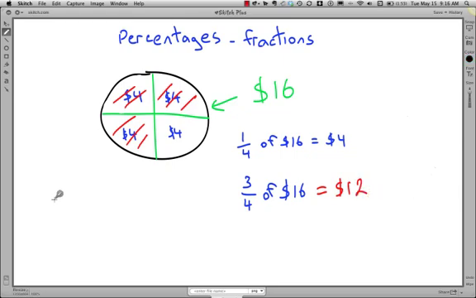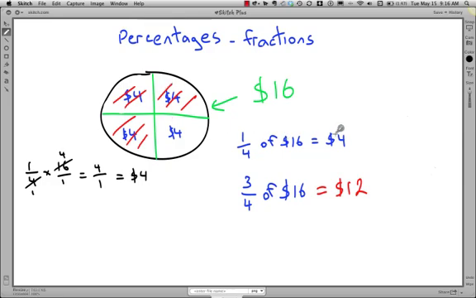Now if you're interested in the maths routines for these, 1 quarter of 16 can be written like this, and we cancel, but the number 4 goes into 4 once and goes into 16 4 times, so 1 times 4 is 4 as the numerator, 1 times 1 is 1, so that's going to be $4.